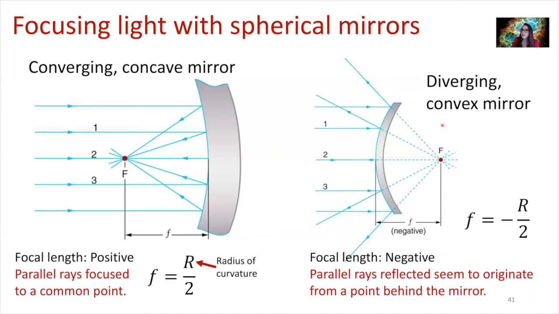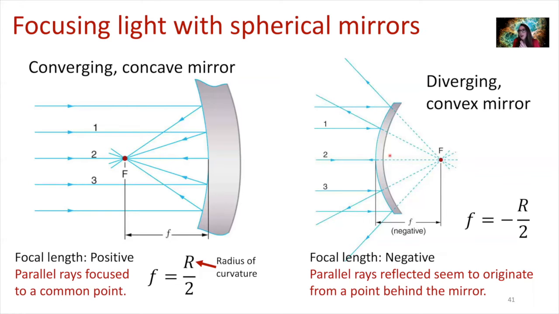And now we have on this side a diverging or convex mirror. It's kind of hard for me to bend my hand back, the best I can do. So we've got the curved front surface and the light is coming in toward that curved front surface and it appears to diverge on that side, diverging away from some focal point on the back side of the mirror.